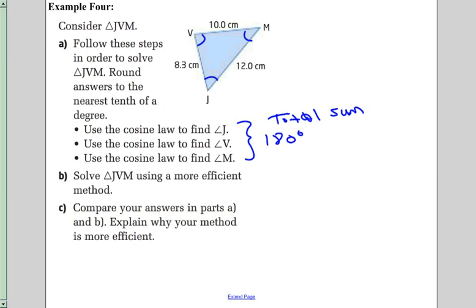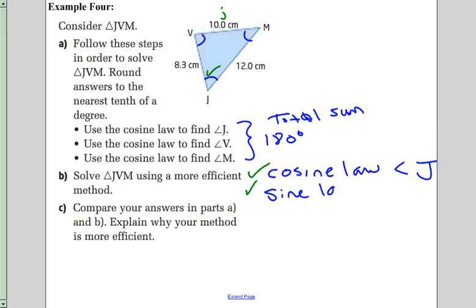Okay? What might be more efficient is to begin by using cosine law for angle J. So let's say we know angle J. Well, J and 10 are corresponding. We know little j then and big J. So secondly, if we want, we could choose to use sine law and find, doesn't matter, angles.